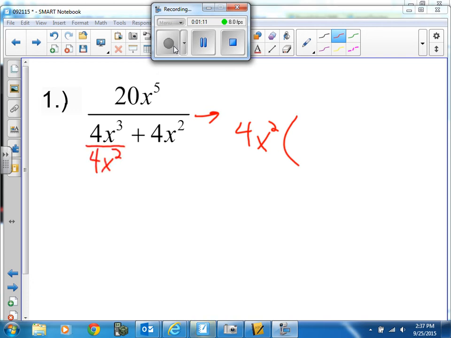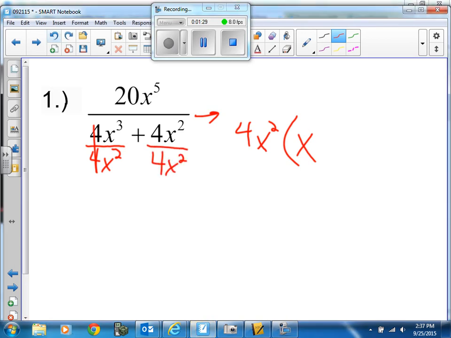Well, I can divide this by 4x squared, and that gives me x to the third divided by x squared just gives me x. If I multiply 4x squared times x, I should get back 4x to the third, which I do. All right, the next part, divide that by my greatest common factor, and that just gives me plus 1. So that is on the bottom.